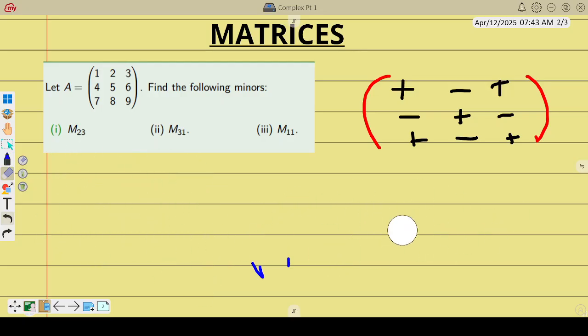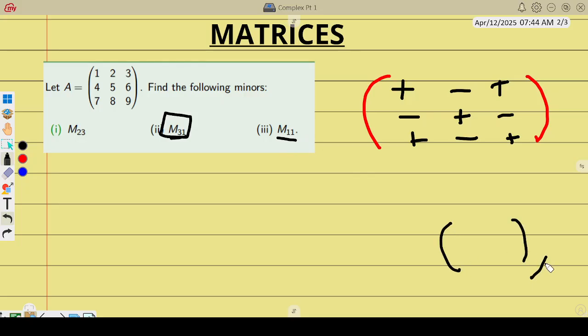The best way of doing this, especially when you are going through these math lessons: say you want to do M31, you can pause the video and try solving on your own, then skip the video 10 seconds until you see the final answer. When you see that my answer is similar to yours, then you have learned already. So you go to the next. Again, instead of watching everything, you just pause, you solve, and then you see, okay, my minor is this one.